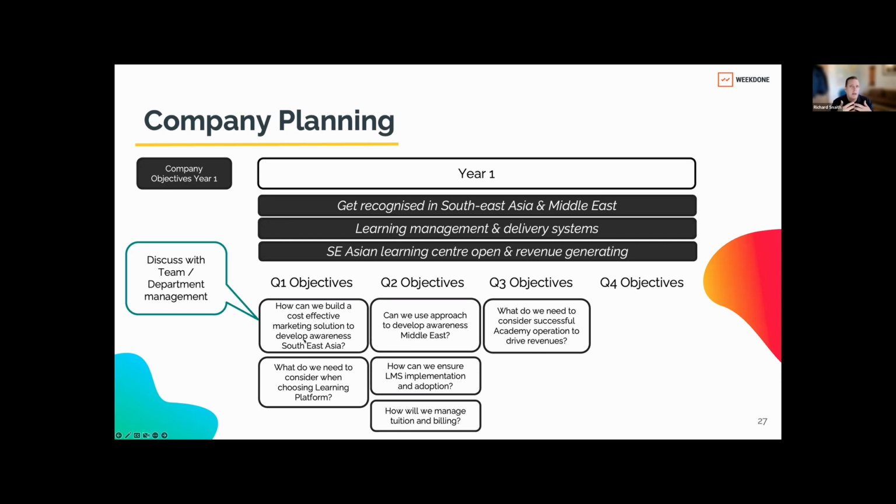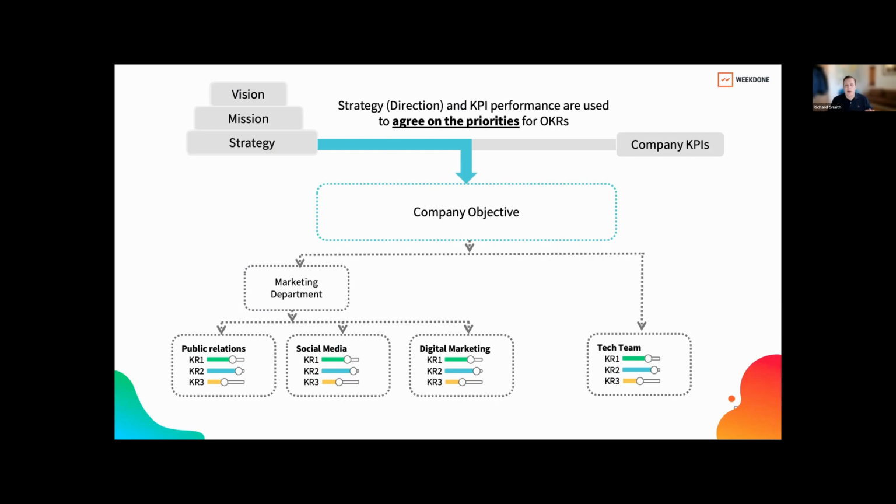But if I'm setting them as a leader, I should really have discussed it with the teams, make sure that everybody agrees this is the right path to go on, or most people believe it's the right path to go on. And from that, we'll then start to take them to develop our company objectives and set and align OKRs through an organization. So a lot of you will have seen this chart before.